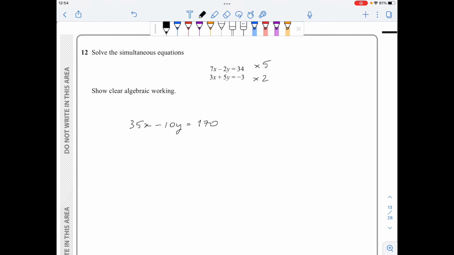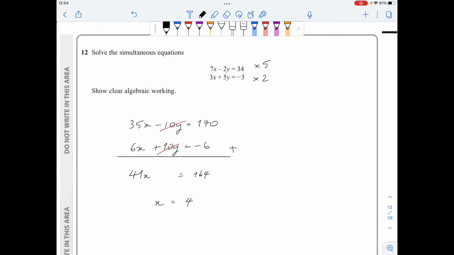And for the second one, I get 6x plus 10y is equal to minus 6, and when I add these two together, the y's cancel out and I'm left with 41x equals 164. So x comes out to be 4.